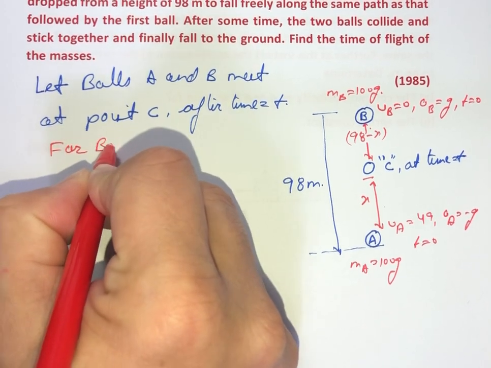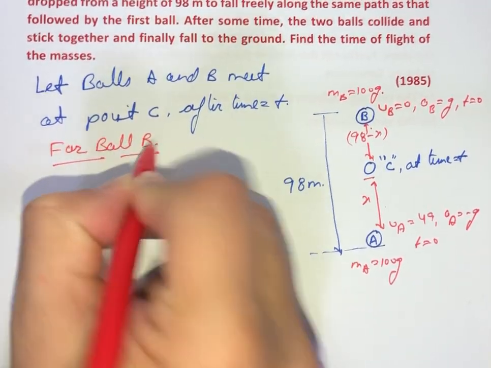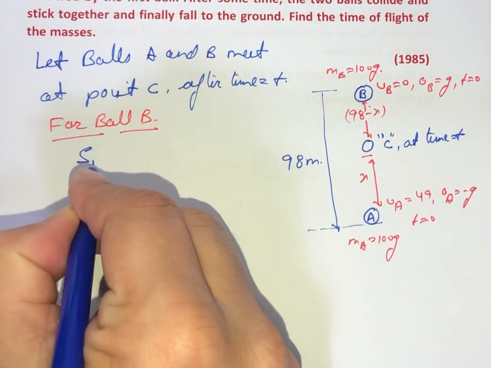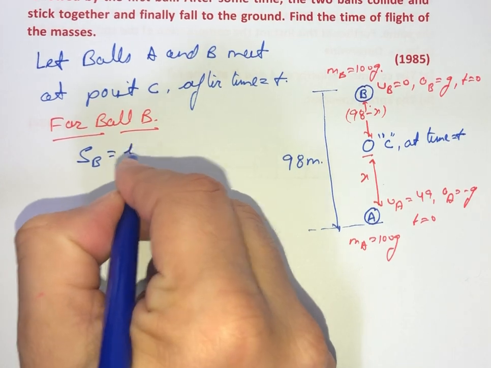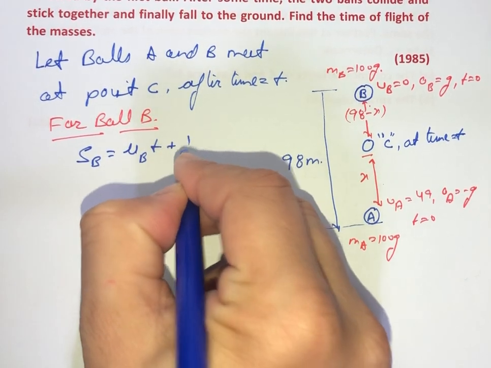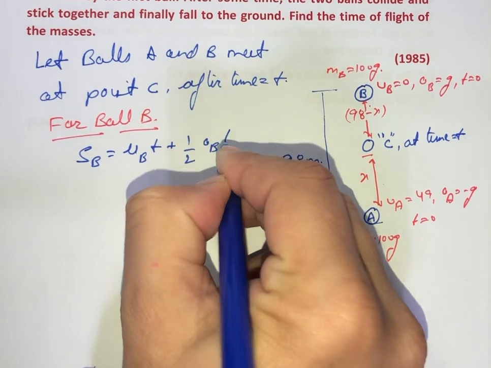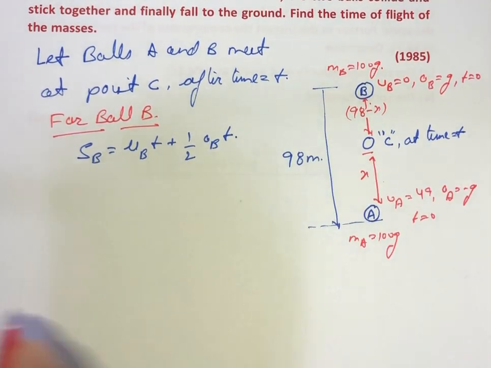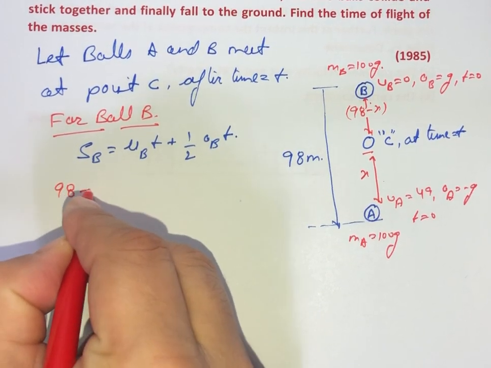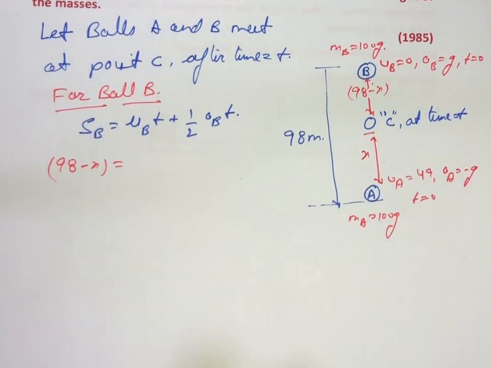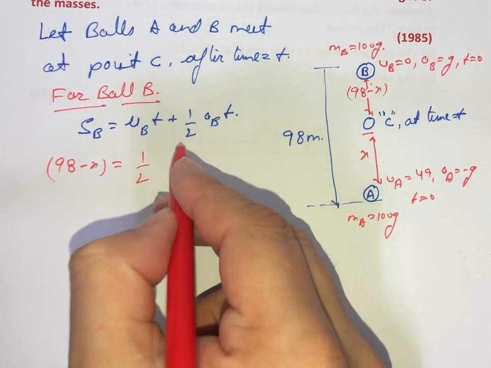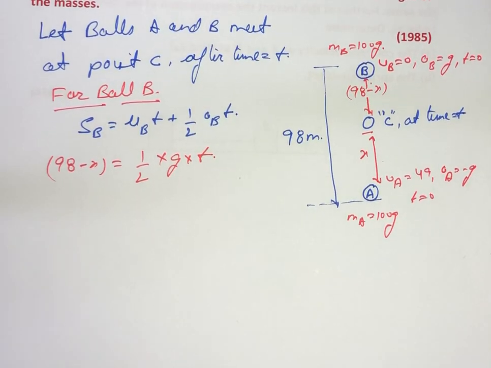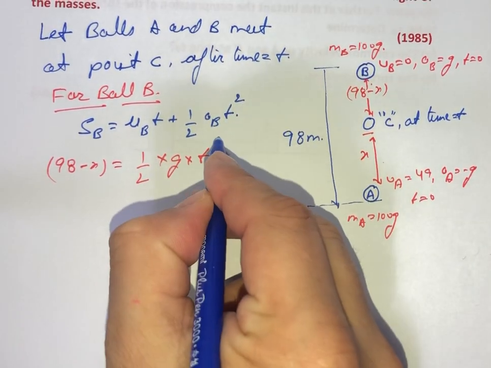For ball B, our S_B, distance traveled by B, will be equal to initial velocity of B times t plus half acceleration of B multiplied by t square, and the distance traveled is 98 minus x. Initial velocity is 0, so this becomes half, acceleration is g, and time is t square.